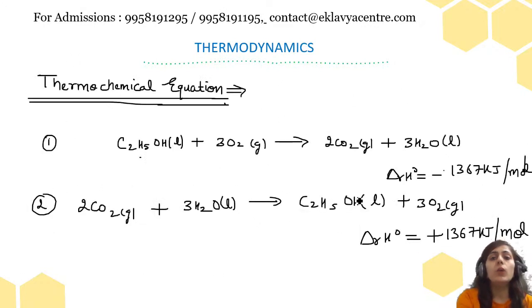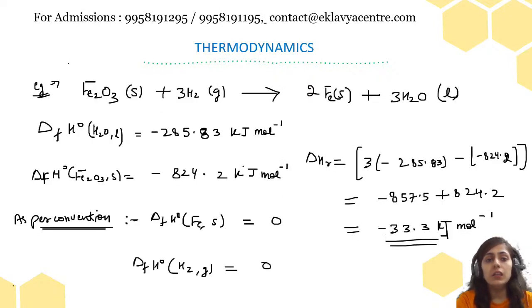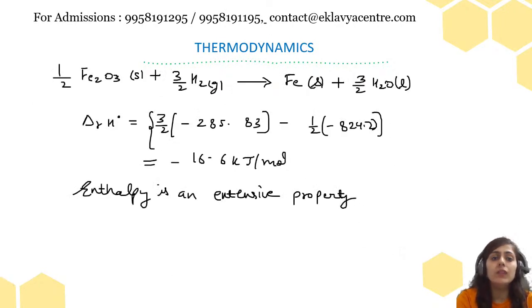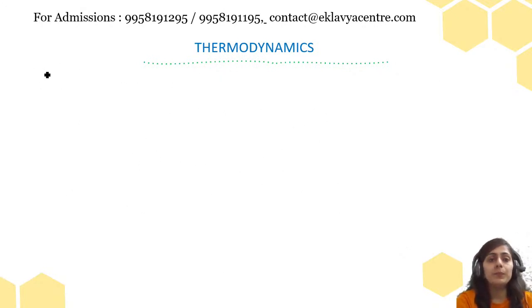Number one, on reversing the equation, the sign of delta H will also reverse. And second, if we multiply or divide the equation by any number, the value of delta H will also change. Now the next topic and the most important topic of this lecture is Hess's Law.